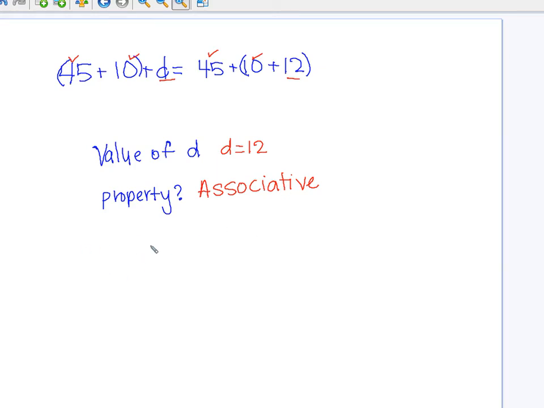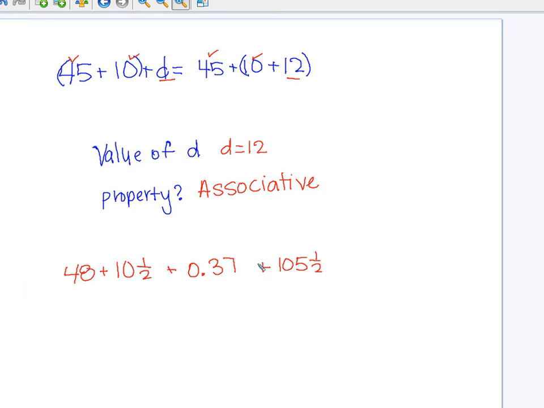Then I will give you an expression, and it'll look like maybe something like this. And I'm going to ask you to rewrite it using one of the properties.